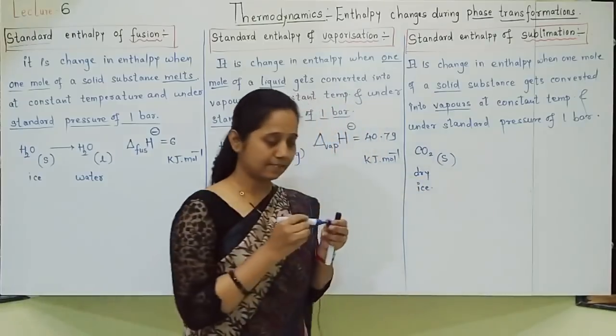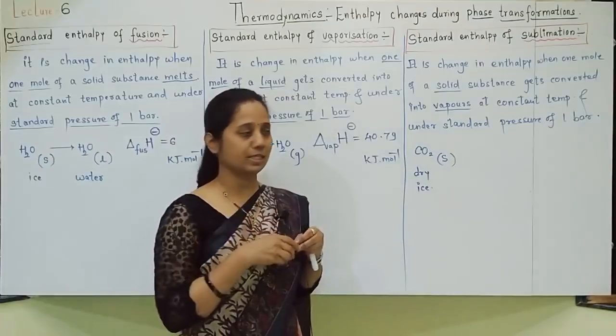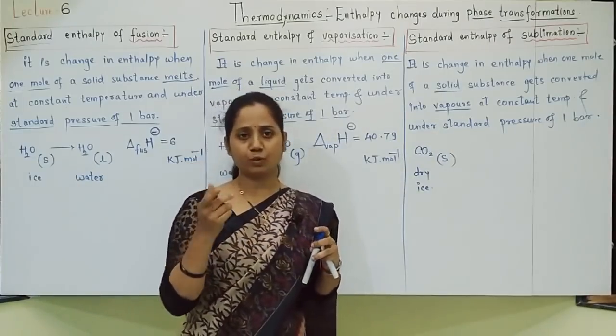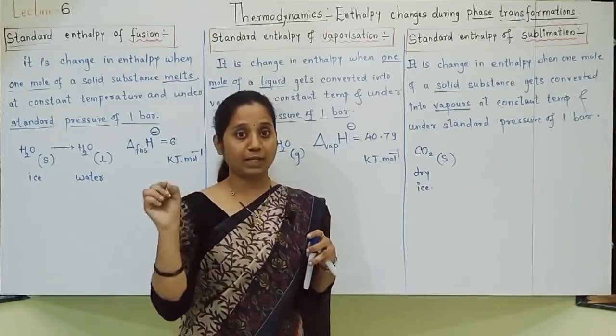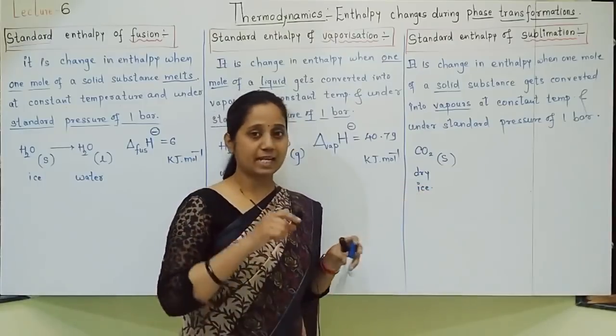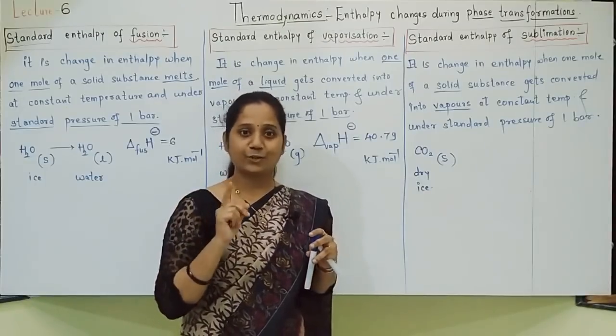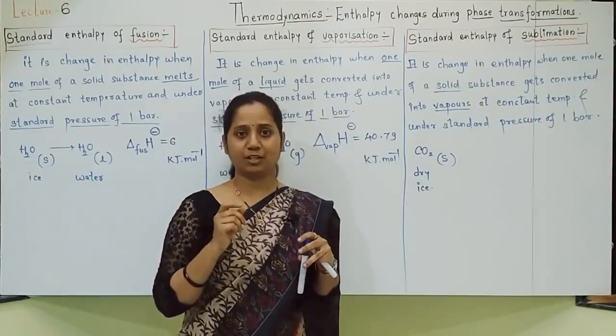Whatever ice we use in our home is wet ice, because it melts to give liquid, and this dry ice directly gets converted into carbon dioxide gas. So it is an example of sublimation.